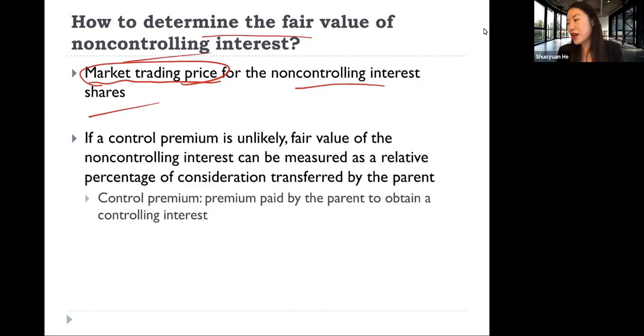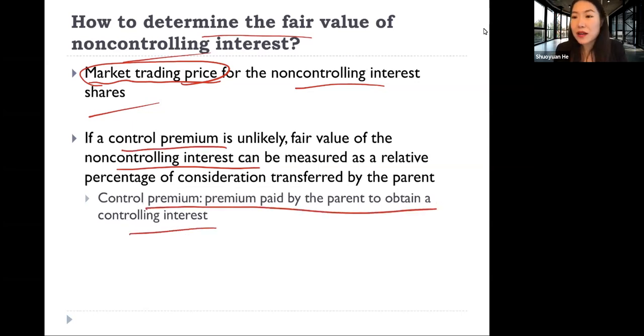In that situation, if we make the assumption that there's no control premium, then we can calculate the fair value of the non-controlling interest in proportion to how much the parent is paying. What is control premium? Control premium is the premium paid by the parent to obtain a controlling interest.